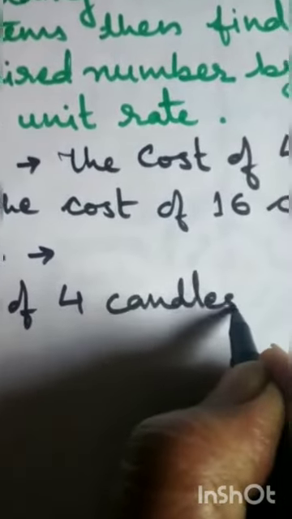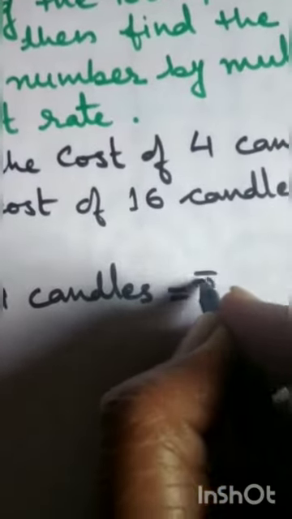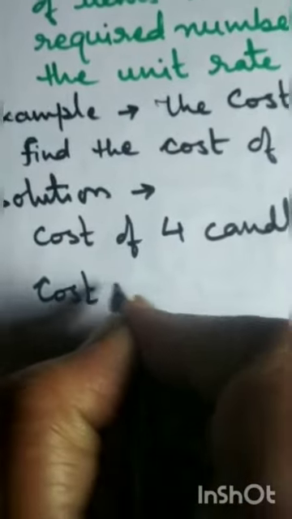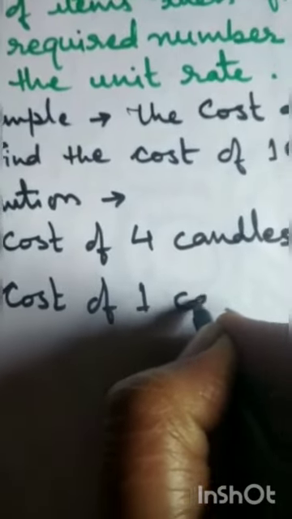What is given? The cost of 4 candles is given, rupees 8. Then the next statement will be cost of 1 candle.